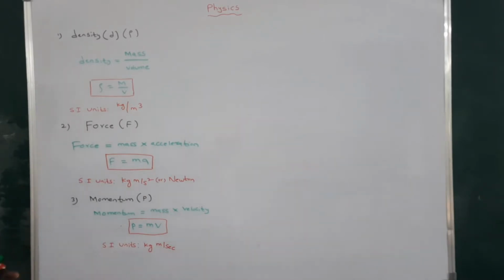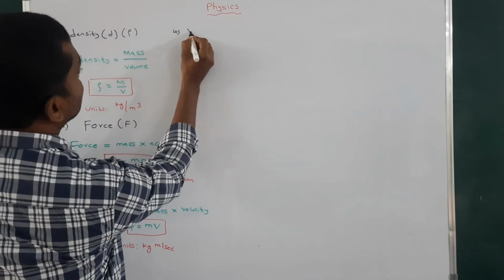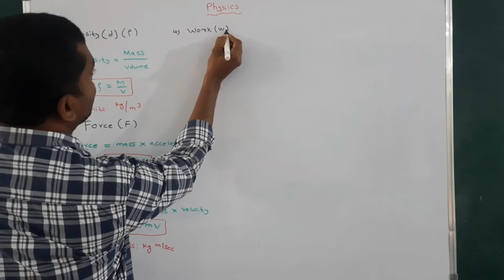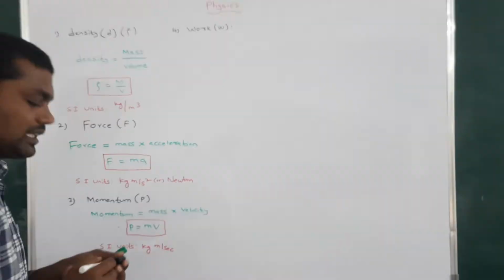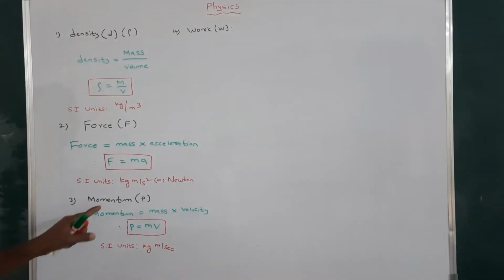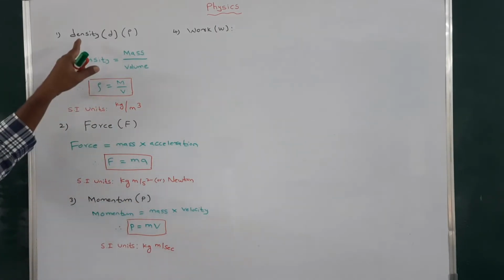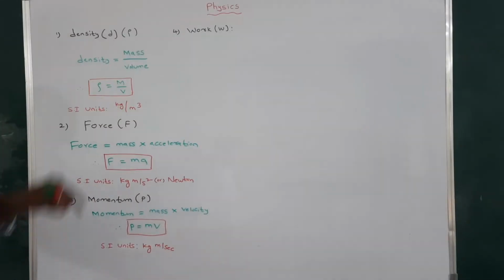Next, the fourth physical quantity is work. The first letter is W. Work is represented by W, momentum is represented by P, force is represented by F, density is represented by D and rho.